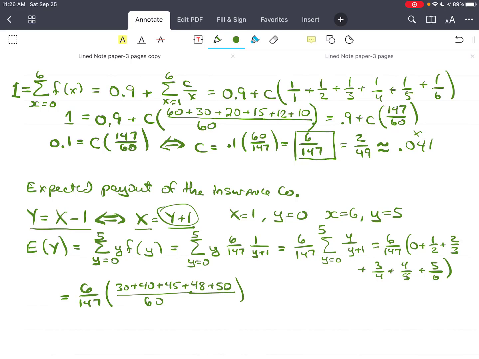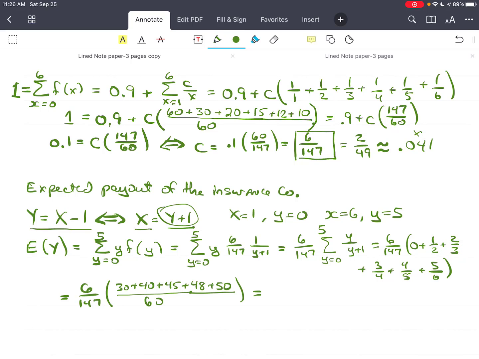What I did was divide 60 by 2 and then multiply by 1. I divided first in my head. So 60 divided by 2 is 30 times 1 is 30. 60 divided by 3 is 20 times 2 is 40, etc.